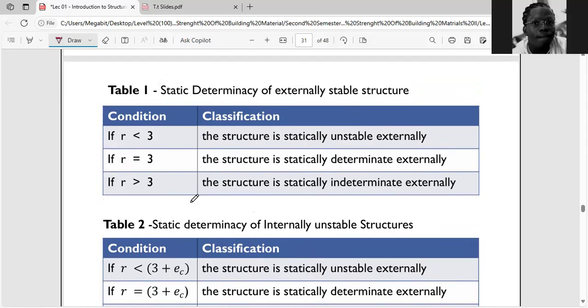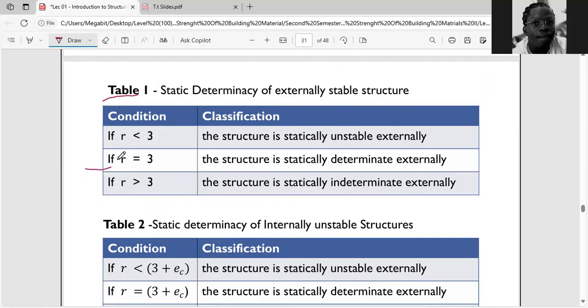Okay, good. In table one, static determinacy of external structures, column one is the condition and column two is the classification. If the reaction R is less than 3, then we say the structure is statically unstable externally.